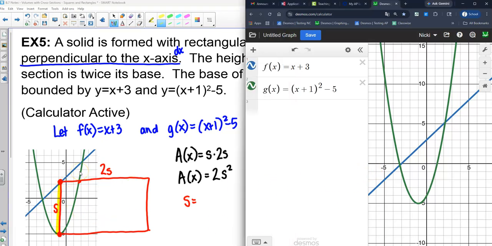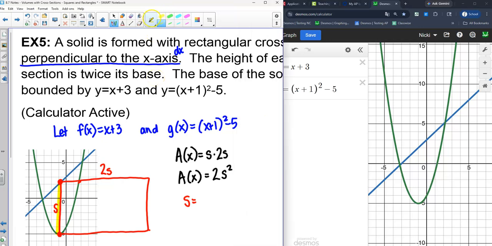And because you have already called this f of x, you could just call it f of x, or you can call it x plus 3. Put parentheses around it if you do. And then what's at the bottom of that line for S? We're hitting the green graph, which is g of x. Again, you can do (x plus 1) squared minus 5 if you want, but if you've named them, it's easier to do it with the names, especially since this is calculator active. This is our S.